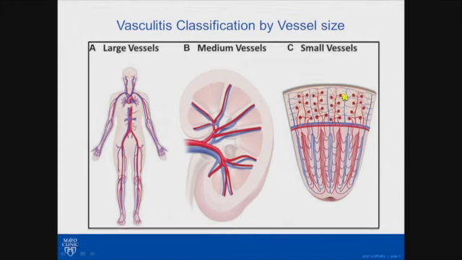So we're going from the very smallest, capillaries and other small blood vessels, to the very largest. In my presentation, we'll be focusing on forms of vasculitis that affect the large arteries. The most common one of those is giant cell arteritis. There is another condition, Takayasu Arteritis, which is less common, and we'll touch on that as well.